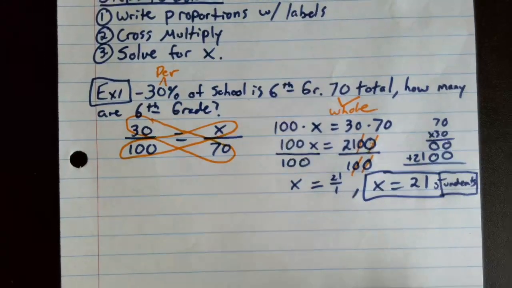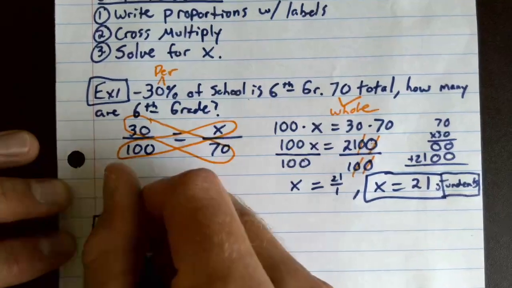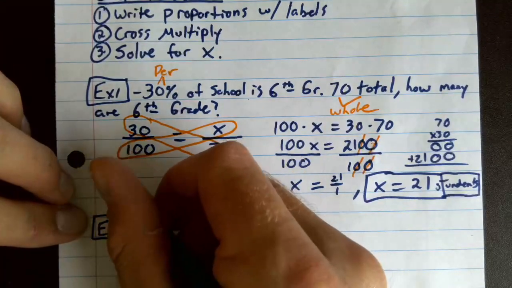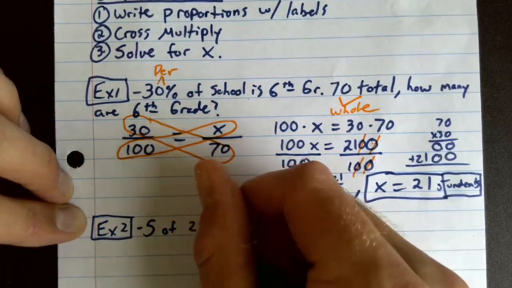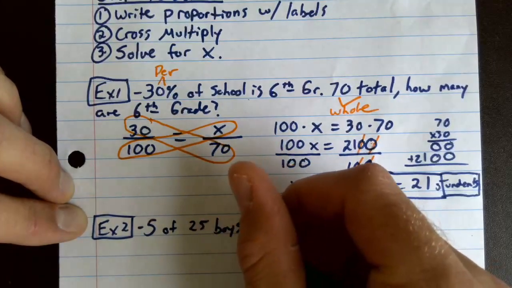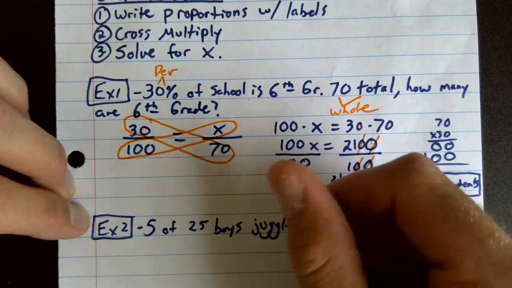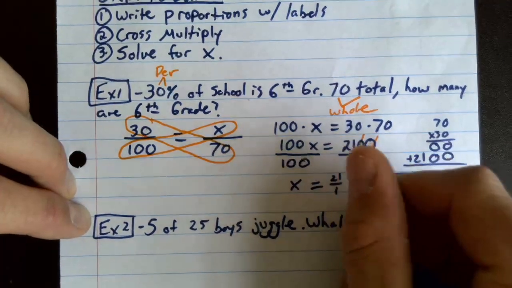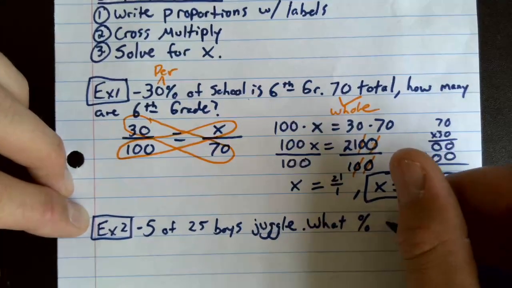Let's go and try example 2. Example 2 says 5 of 25 boys can juggle.